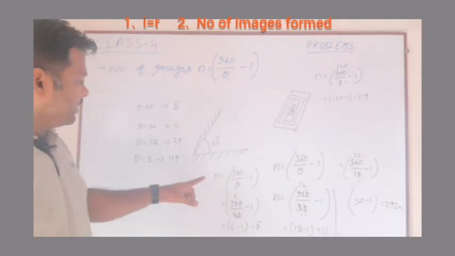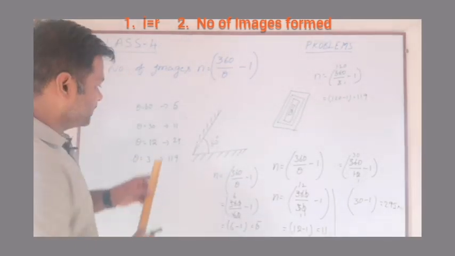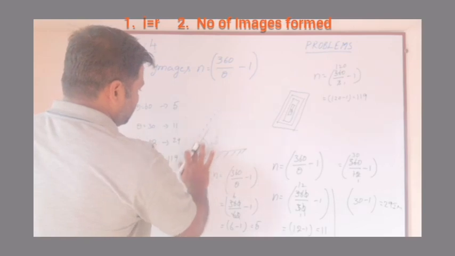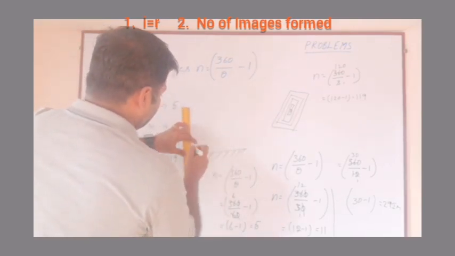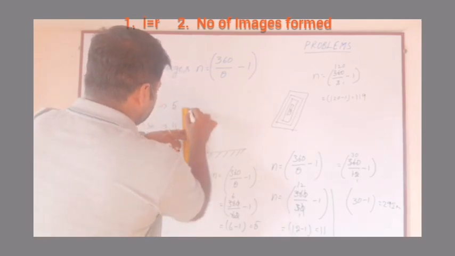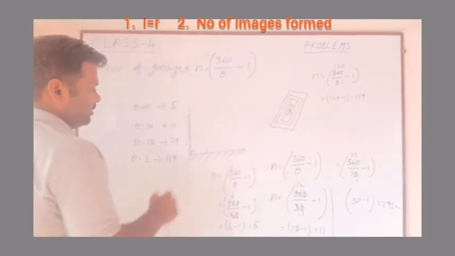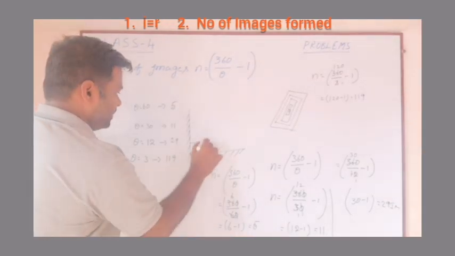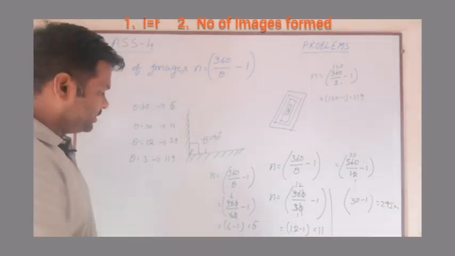Okay. Can I take the angle between these two as 90 degrees? Like this. This is your first mirror, and I am going to draw the second mirror here. What is the angle between these two? 90 degrees. Theta is equal to 90 degrees. Then how many images will you get? Let us calculate.